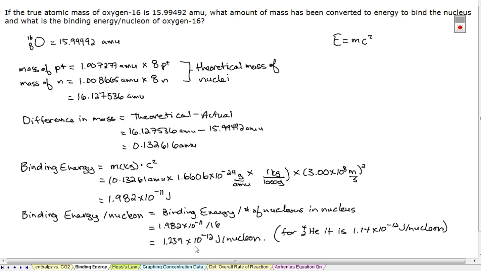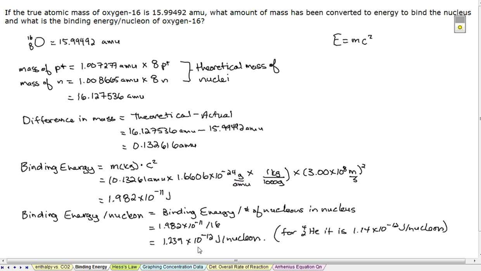So if I were to kick out one neutron or one proton from an oxygen 16 nucleus, that's how much energy would be released. To put it in perspective, helium, which has one of the lowest amounts, is 1.14 times 10 to the minus 12 joules per nucleon.